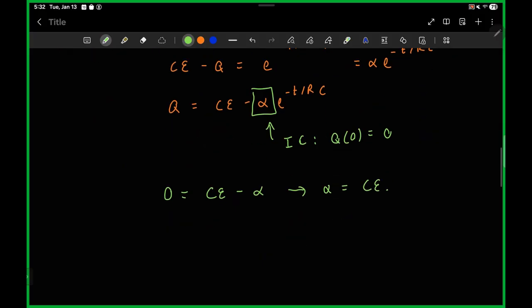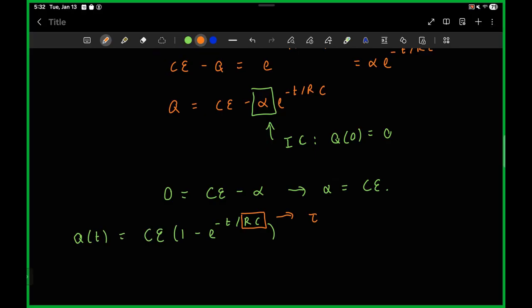Plugging that in, we get Q of t is equal to C epsilon times 1 minus e to the minus t over RC. And as an important fact moving forward, RC is what we will call our time constant, tau, and regulates how quickly current decays or charge builds up in our circuit.